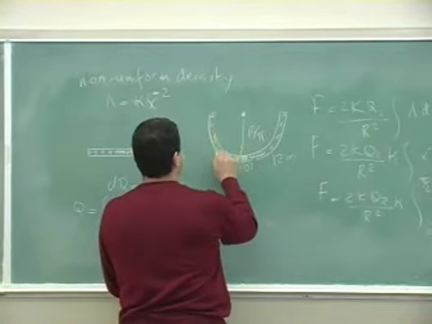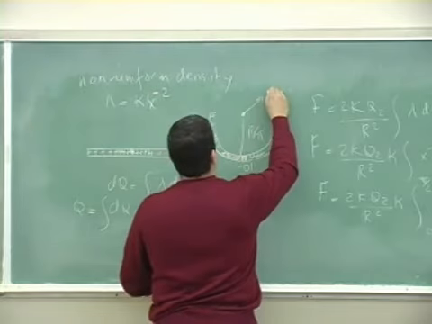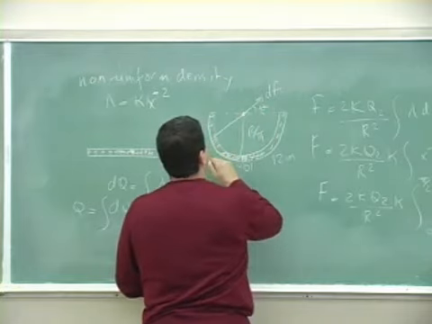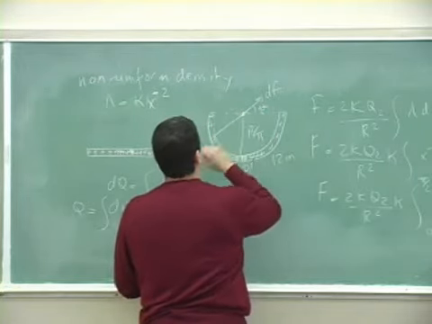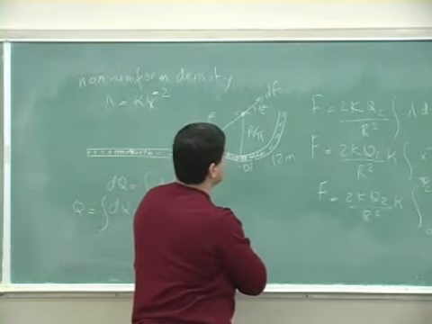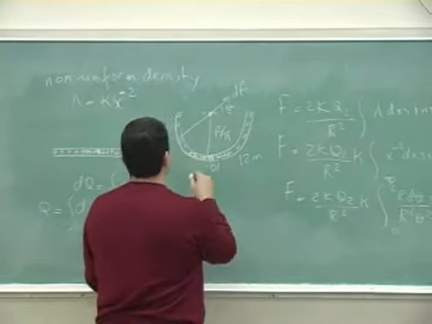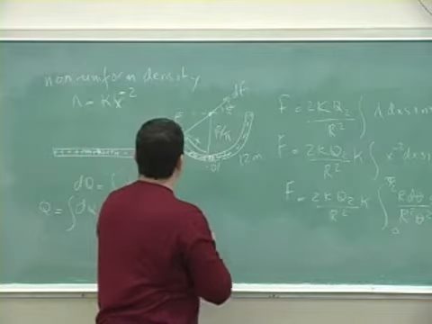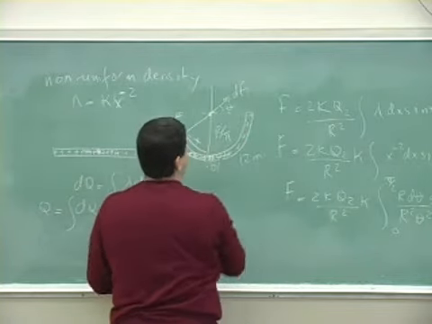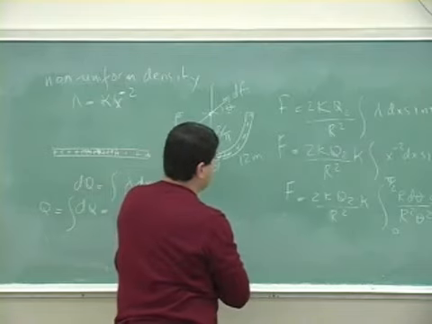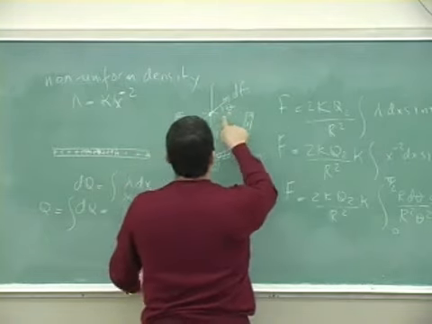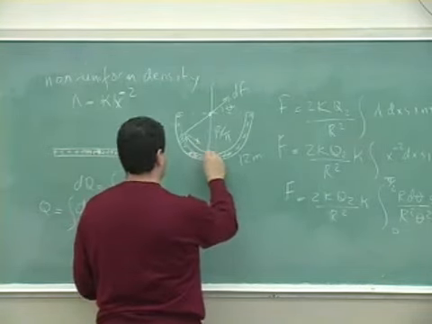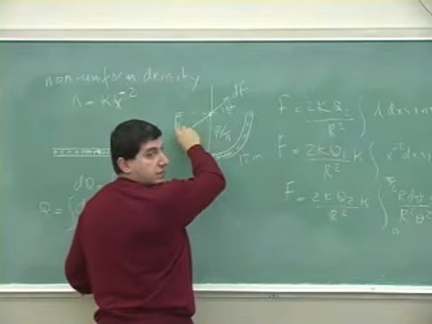Let's see here. Oh, you know what? Maybe this has something to do with it, because the way that the x is measured is from the center to the element, right?